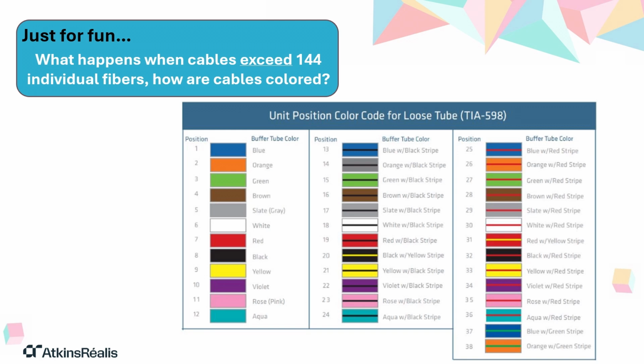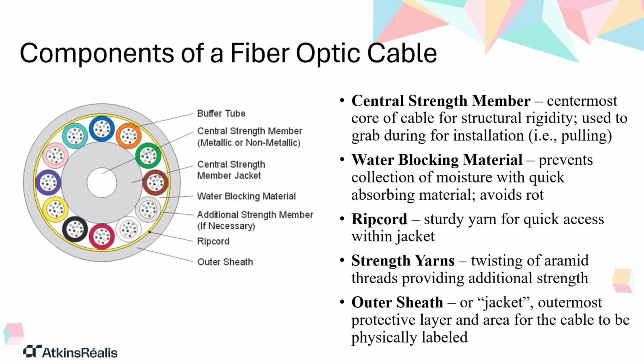In addition to the individual fibers and buffer tubes, a fiber optic cable is made up of numerous components. On the left, you'll see a great cross-sectional illustration demonstrating each of the individual components and where they reside in the cable. At the very center is the central strength member.